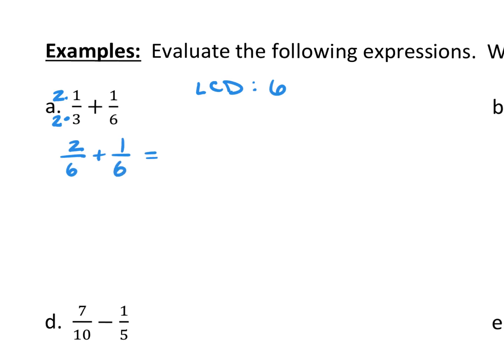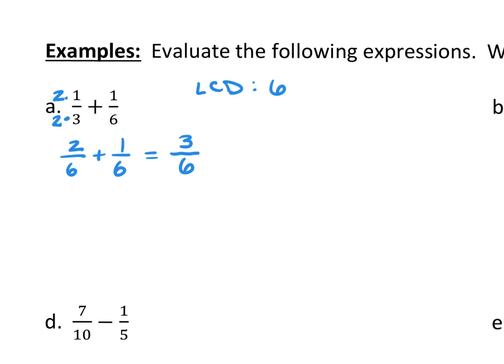Now that we have same denominators, we can go ahead and add the tops. 2 plus 1 is 3, and we keep the bottom. When you read this, you can think of the denominator kind of like a unit. If you have 2 feet plus 1 feet, you end up with 3 feet.